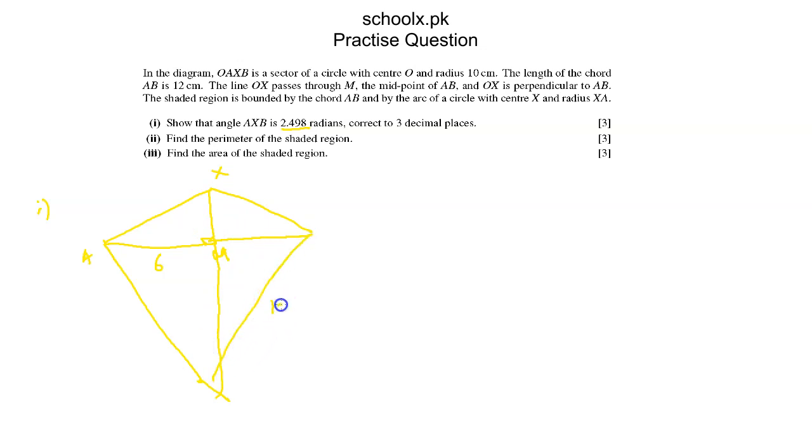This is 10. This is 10. And this OX is also 10. Now if I find OM, I can find MX, which we need to find this angle. So from triangle AXM, if I do tan of AXM, I'll get 6 over MX.